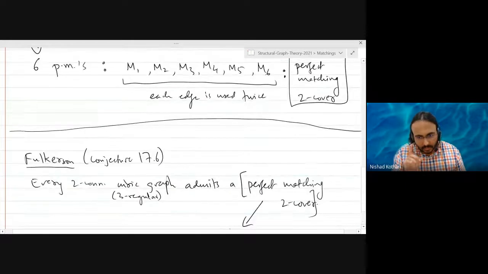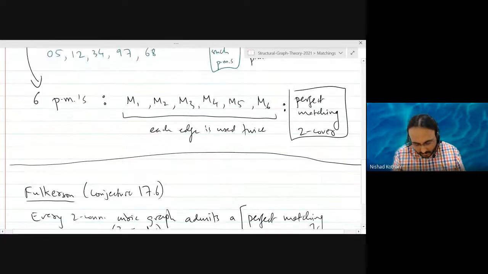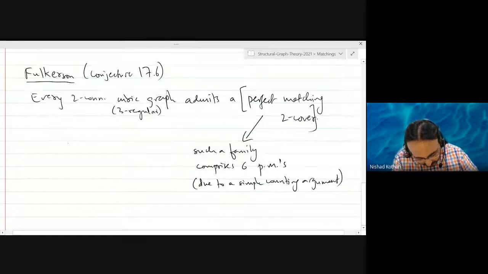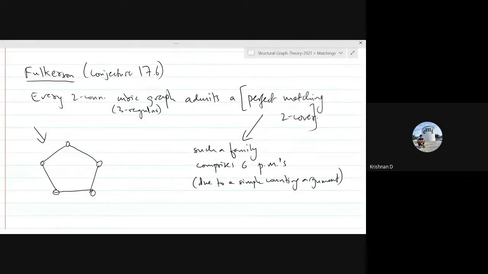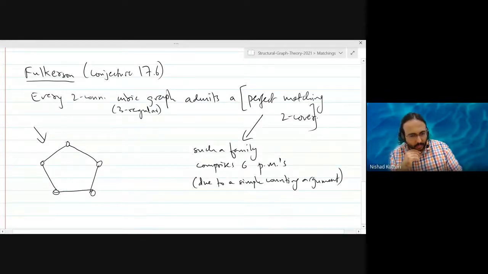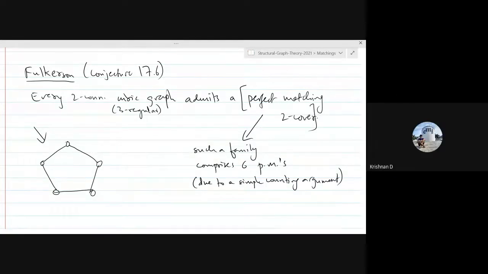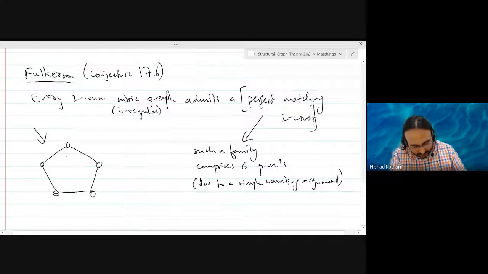There is one small caveat. If you talk about cycle double covers, what is a cycle double cover for a cycle graph? Does this graph have a cycle double cover? Take two cycles. So you mean the same cycle twice? Yeah, exactly. You take this cycle once and another time, and you get a cycle double cover.